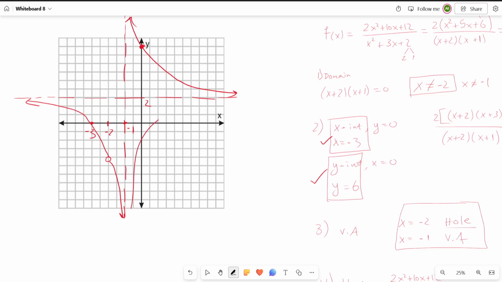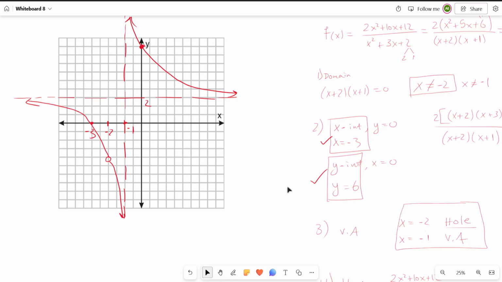The other option would be an increasing graph, which is not correct. Decreasing means that the slope is negative. Like over here, when you take tangents at any point in this interval, the slope is always going to be negative. And over here, it's the same thing. When we take the slope at any point, the slope is going to be negative. That tells me that the graph is decreasing.